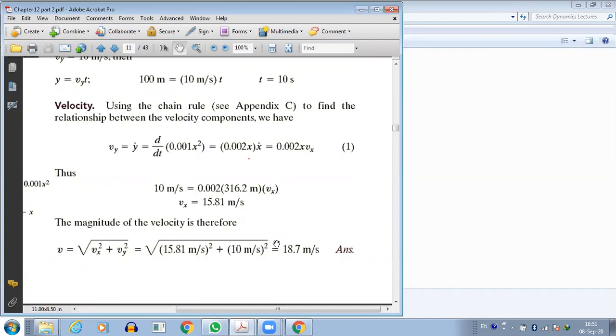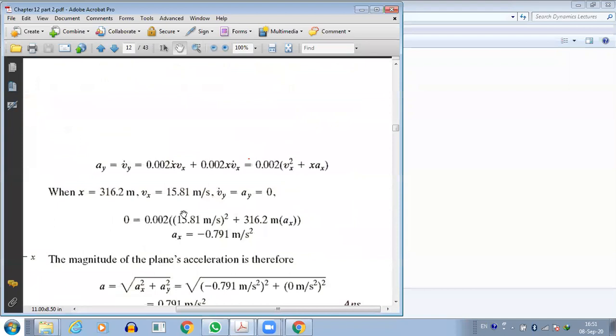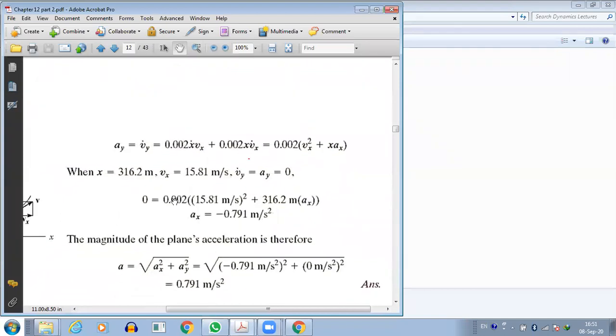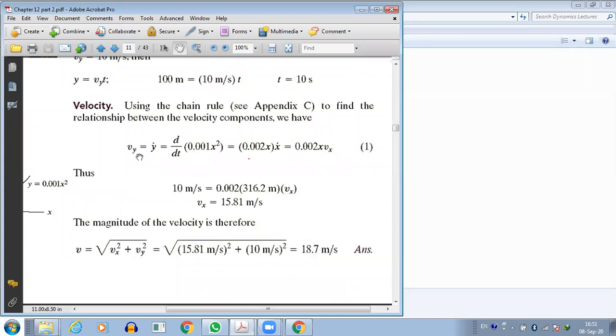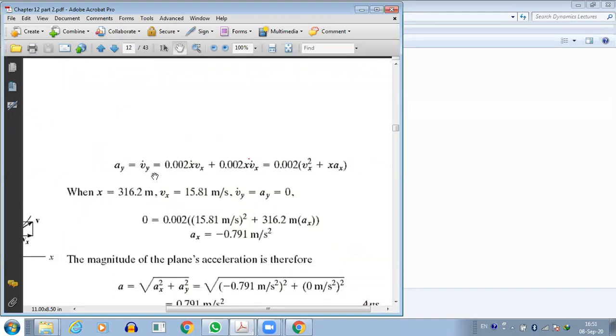Okay, so let's move ahead. Now we need to find, again, what do we have? We have Ay. Ay was 0. We have the equation for Vy, so let's differentiate it again with respect to time. The equation for Ay will become 0.002 x dot Vx plus 0.002 x Vx dot. So it will become like this.